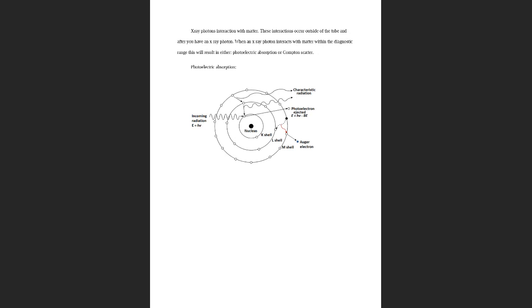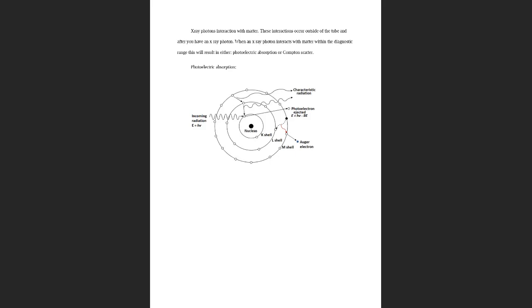So one, we're creating an X-ray photon, and the other, we have the X-ray photon and it's interacting with electrons in matter, okay? So that's important for you to recognize there. So here, now instead of a projectile electron, I have an incoming X-ray. This incoming X-ray comes in, it will eject the electron. That is now called a photoelectron that gets ejected. All the energy of this X-ray is absorbed within this atom, okay?